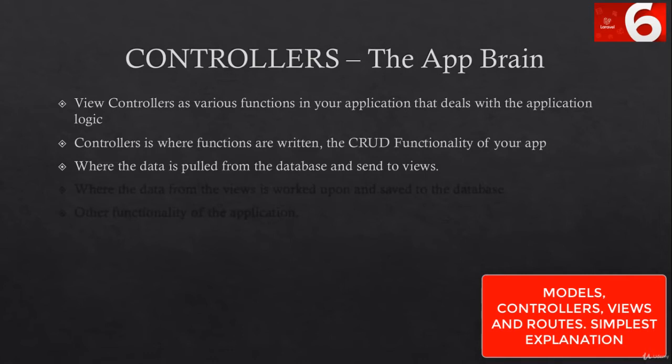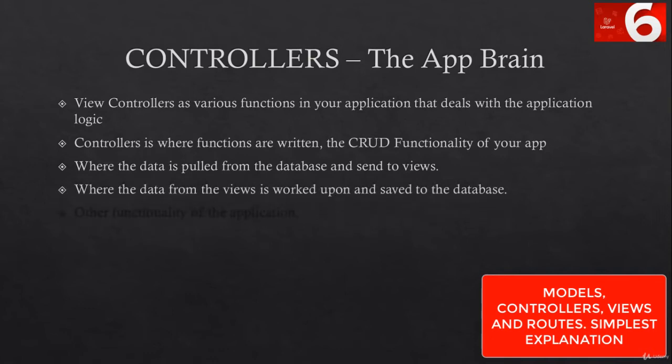You pull the data from the database, you do some customization, so you don't show the user the raw data, then you send it to the views. Views are like the front end, we're going to talk about them. And then it's also where the data from the views is worked upon and saved to the database. I've talked about that, and other application functionality. So this is the middleman between the views and the models.